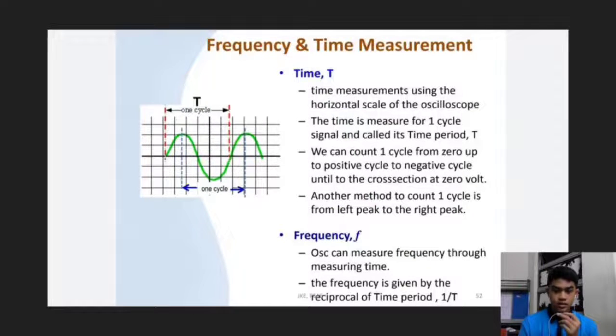Frequency and time measurement. Time is measured using the horizontal scale of the oscilloscope. Frequency: an oscilloscope can measure frequency through measuring time.